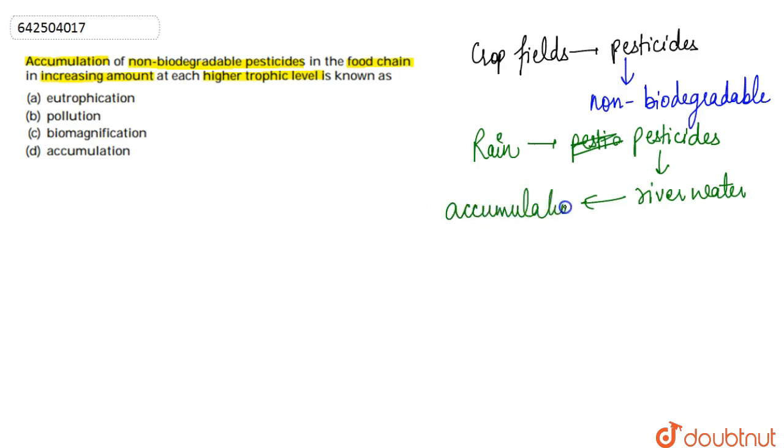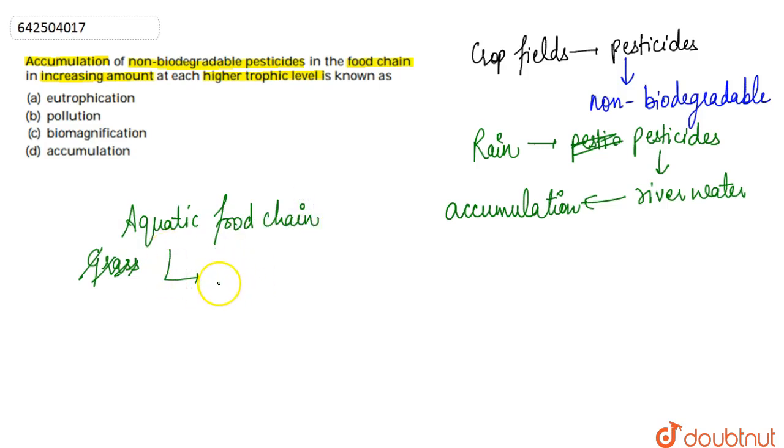The accumulation happens at every successive level. If we consider a food chain, we can take any aquatic food chain, the food chain that is part of the water system.